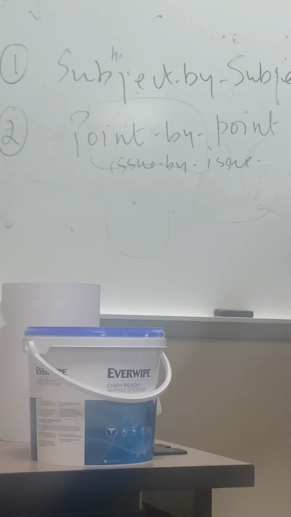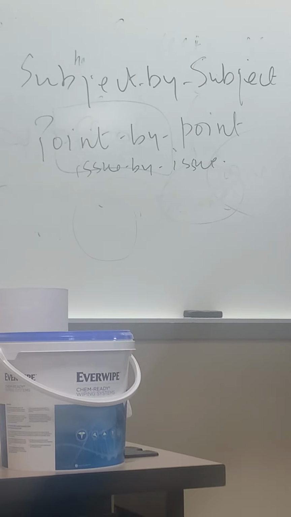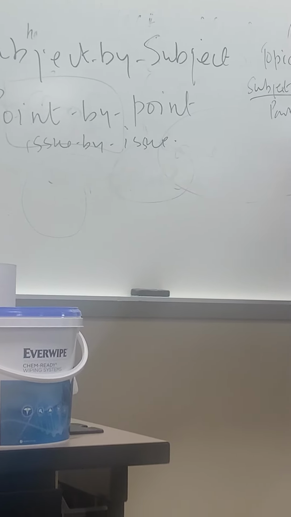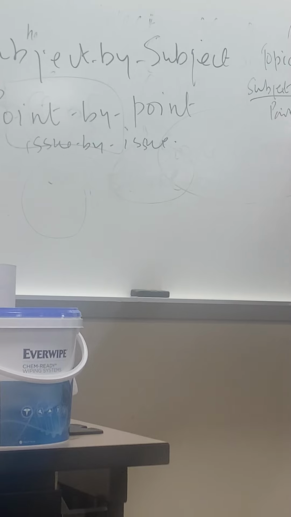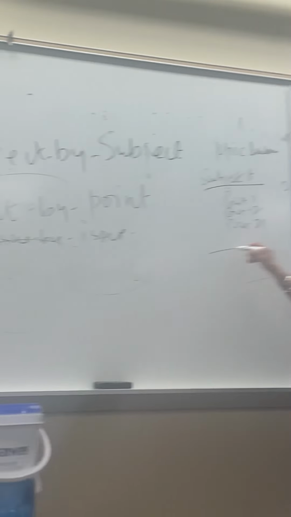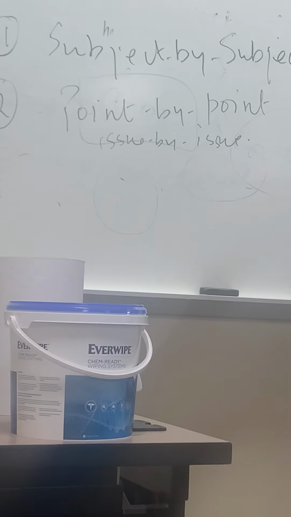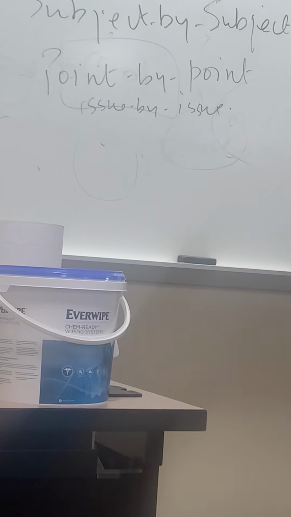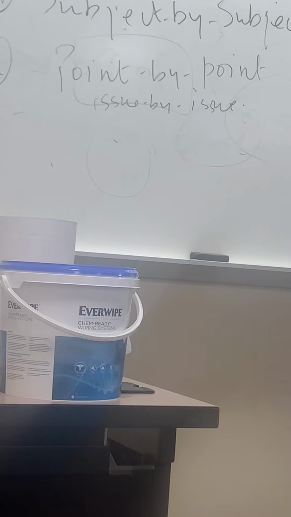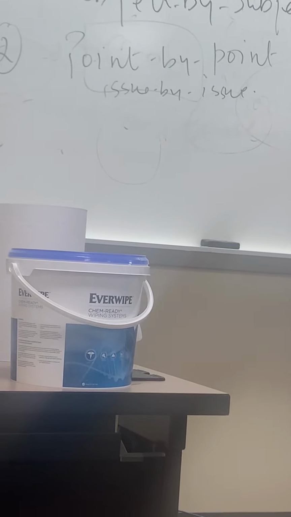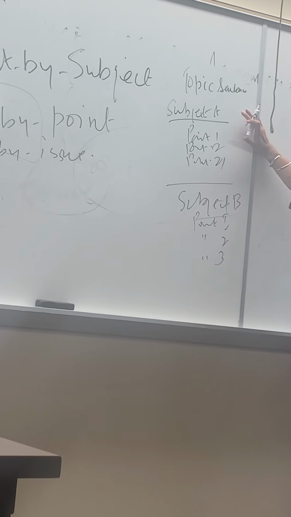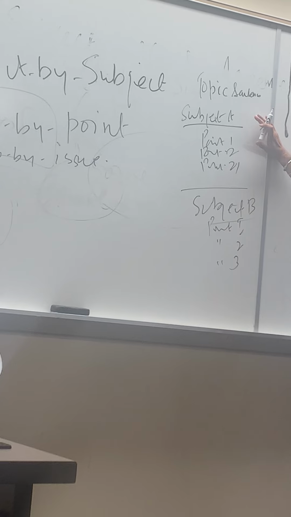All its characteristics, whether it's comparison or contrast, so you can say part 1, point 1, point 2, point 3. 3 things that you want to say about subject A. Subject B, it's all in one paragraph though. Point 1, point 2, point 3. Do people understand? Literally all you have to say about subject A, right?